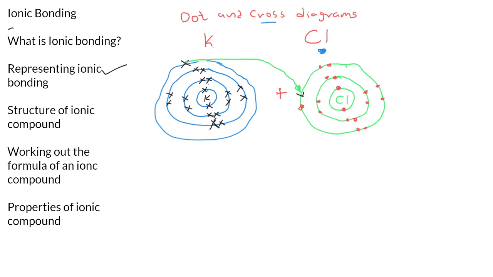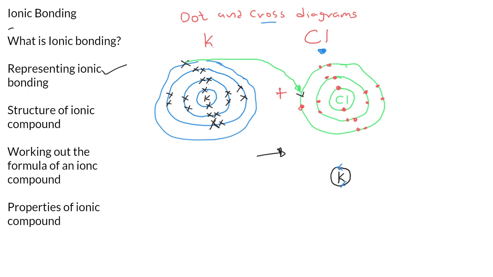So in the end, after they have reacted together, we're going to have a new diagram, right? A new diagram. Remember, when a metal loses an electron, it becomes an ion. So the number of shells for potassium will now reduce from what it was before.